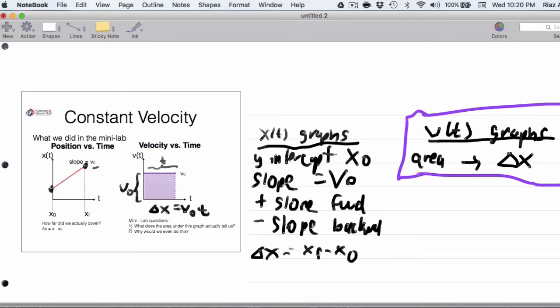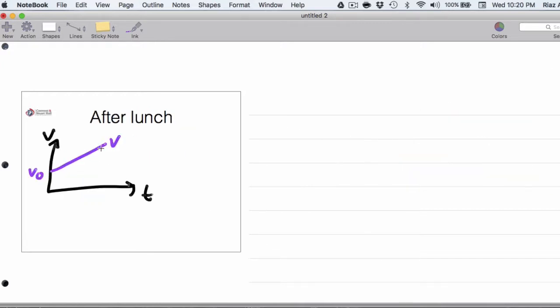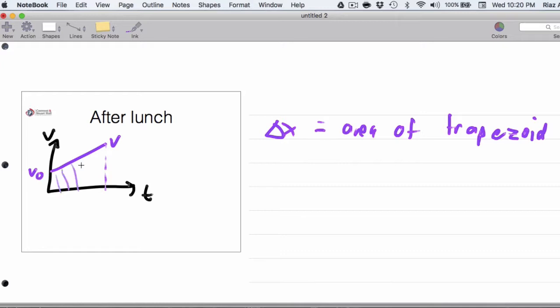So we have the graphical interpretation, which is that for a nice graph like this, we could say the displacement is the area of the trapezoid, right? So we can do a complicated calculation like that using the area. That's kind of the graph part of the physics that we did today.